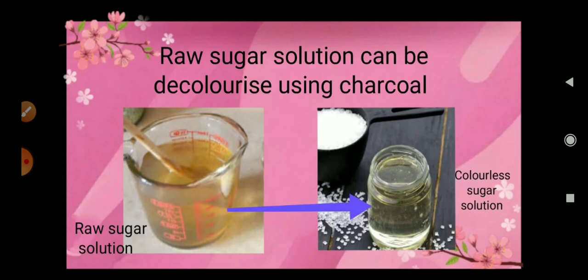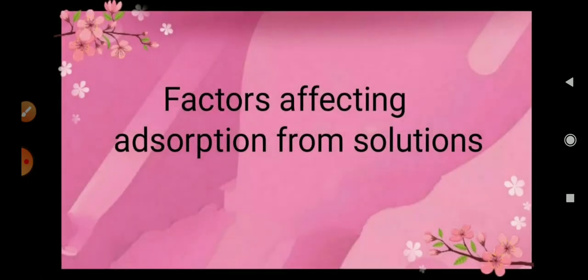As charcoal is a good adsorbent, it adsorbs the colored particles from the raw sugar solution, and finally we get a colorless sugar solution. So the sugar which we use at home is actually colorless. This is the process which is done in order to make it colorless. So these are the examples.